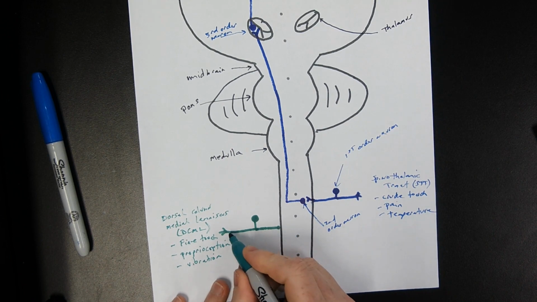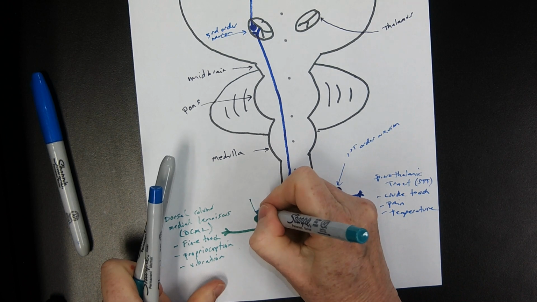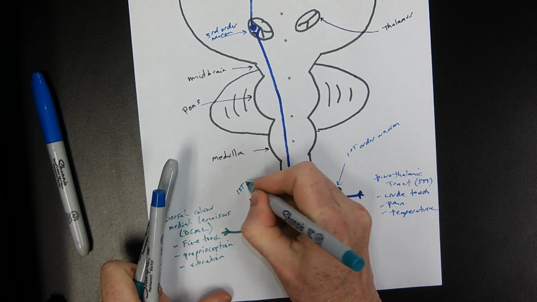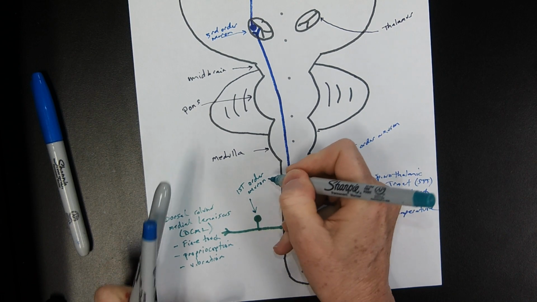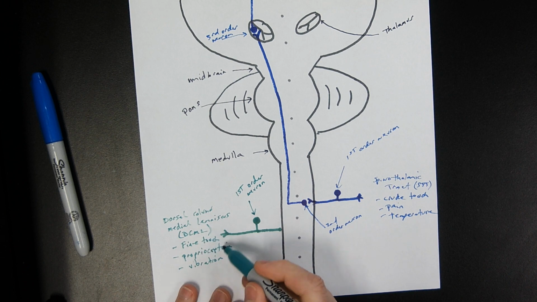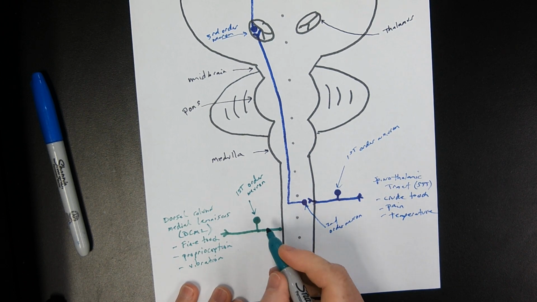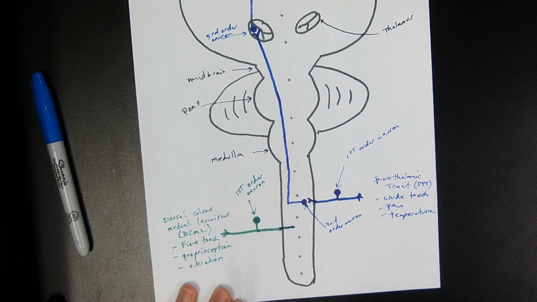But what happens is this is sitting here as your first order neuron. Your first order neuron dendrites pick up this information from the environment. A neuronal cell body is located in the dorsal root ganglia. The axon comes in at the level of the spinal cord, wherever it's picking up information from.